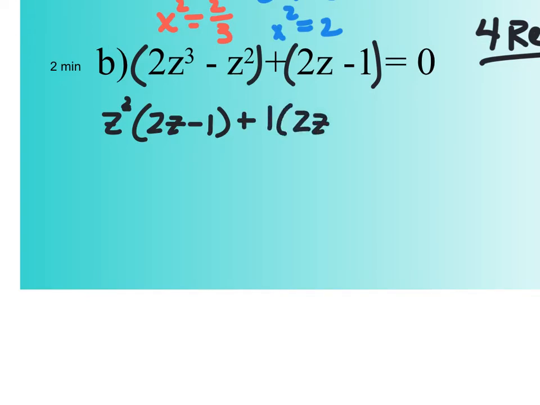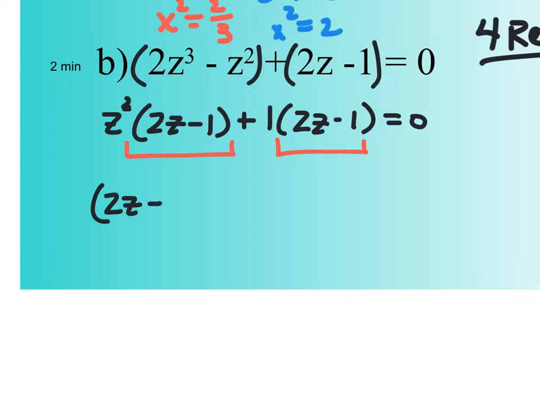And I'm going to put a 2z minus 1 with a 1 in front of it. If I now factor a 2z minus 1 out of both of those, I'm left with z squared plus 1.